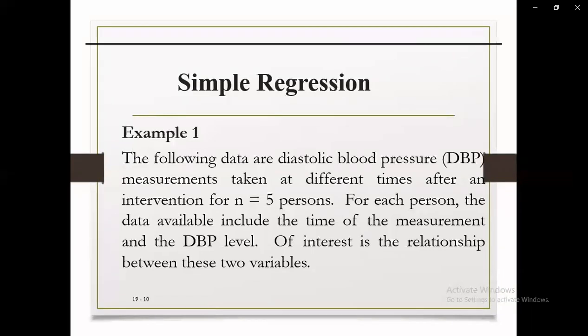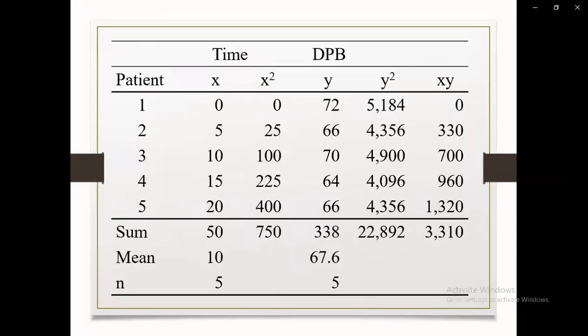For each person, the data available included the time of measurement and the diastolic blood pressure level. So we are interested in the two variables: the time of measurement and diastolic blood pressure. Okay, so this is the data we have.